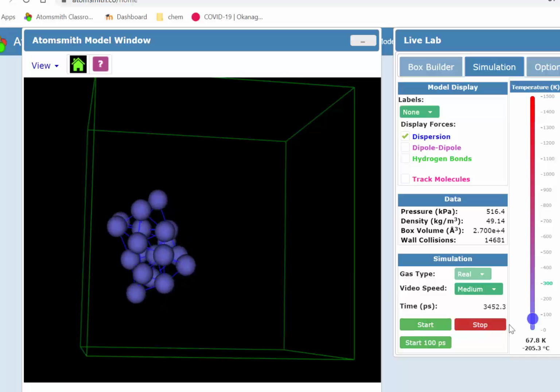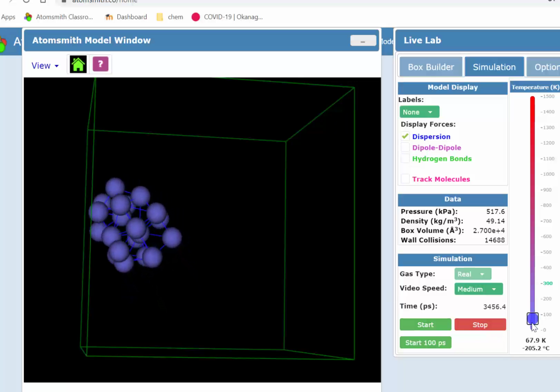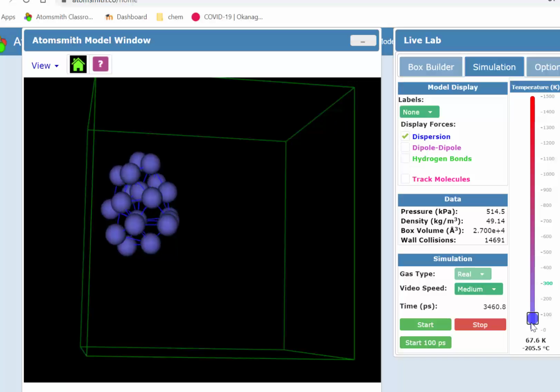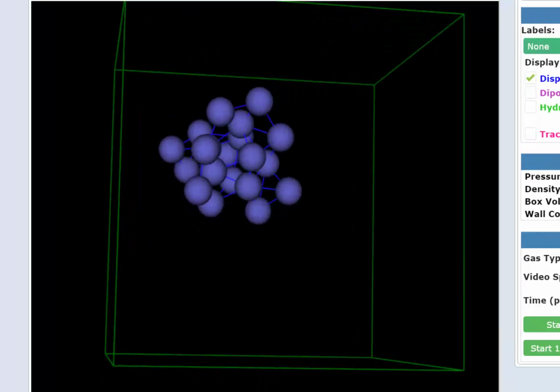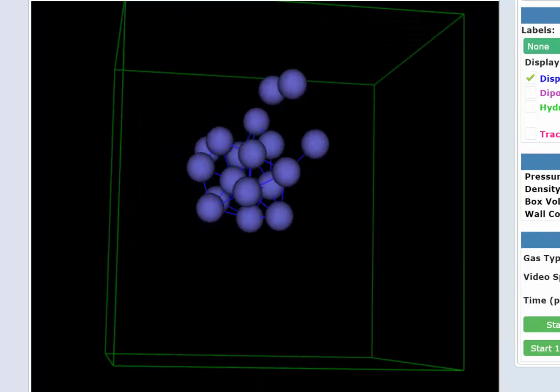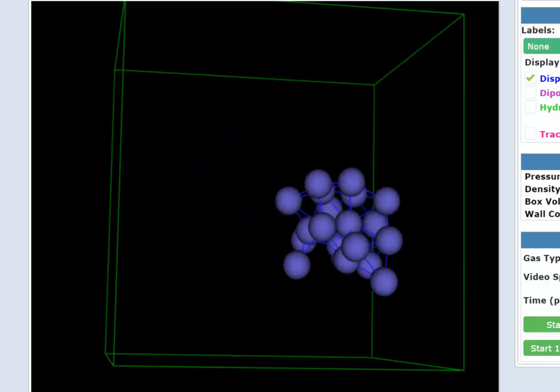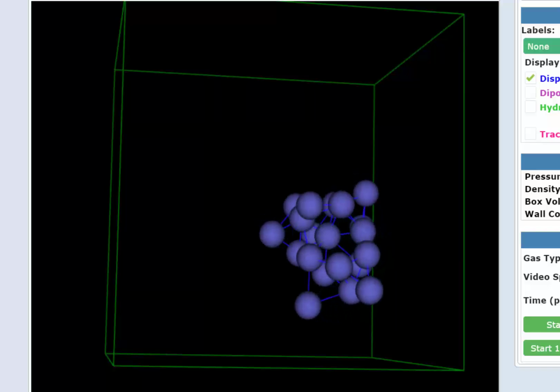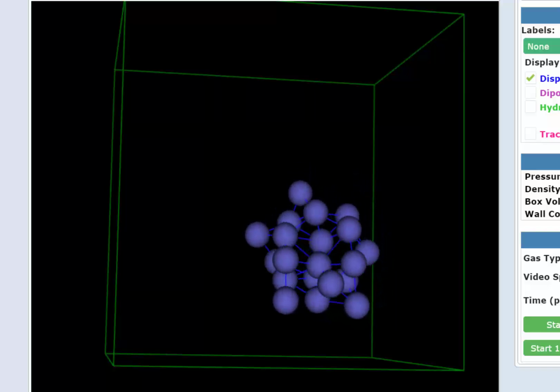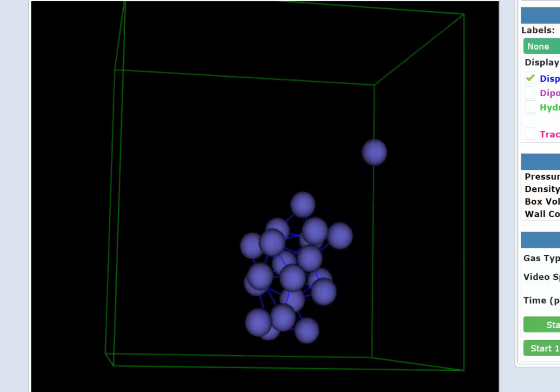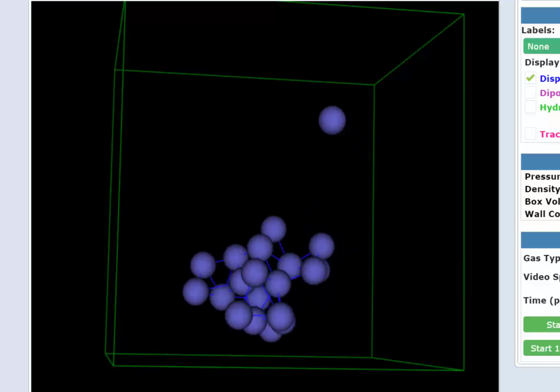And my intention now is to get to a temperature somewhere just above 83 Kelvin. So the temperature that we now have is just around 83 Kelvin. I hope you notice that the particles now, instead of being fixed in position relative to one another, actually flow over one another.